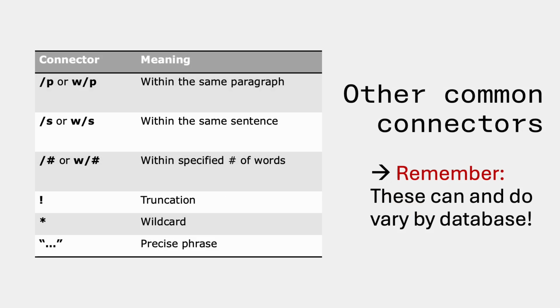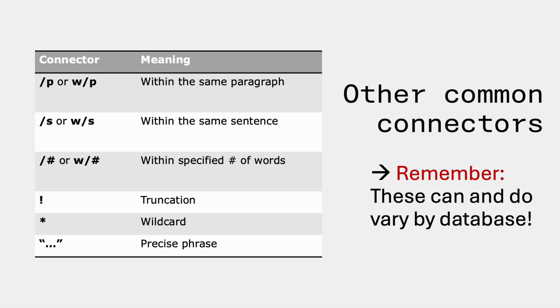Now we're starting to gain familiarity with some of these more specific connectors. They're common connectors when it comes to legal research databases, but you may not have seen them in the past. Again, we said you could search within paragraph or sentence. You could specify 3 words or 12 words, whatever it is.